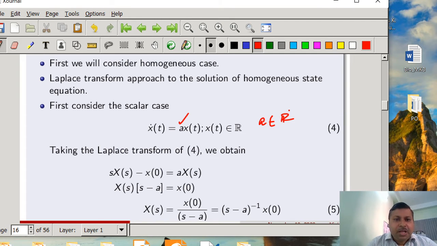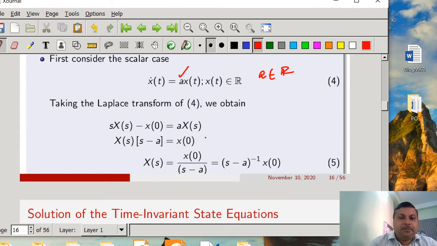Fine. Now if we want to solve a single differential equation, something like x dot equal to a into x(t), how will we do it? Suppose I am applying the Laplace transform approach. We will take the Laplace transform of this equation: s X(s) minus x(0) equals a into X(s), and ultimately X(s) can be written as x(0) by s minus a.